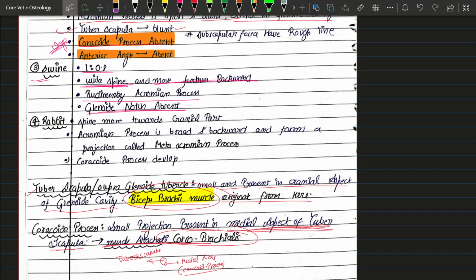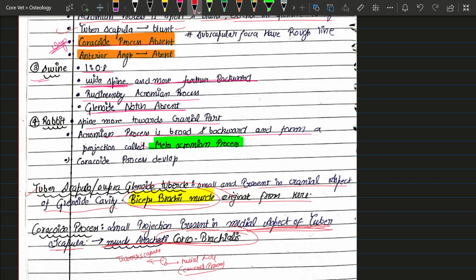Talking about the rabbit, the spine is facing the cranial aspect. The acromion process is broad and backward. This point is important: the scapula of the rabbit bears the metaacromion process.